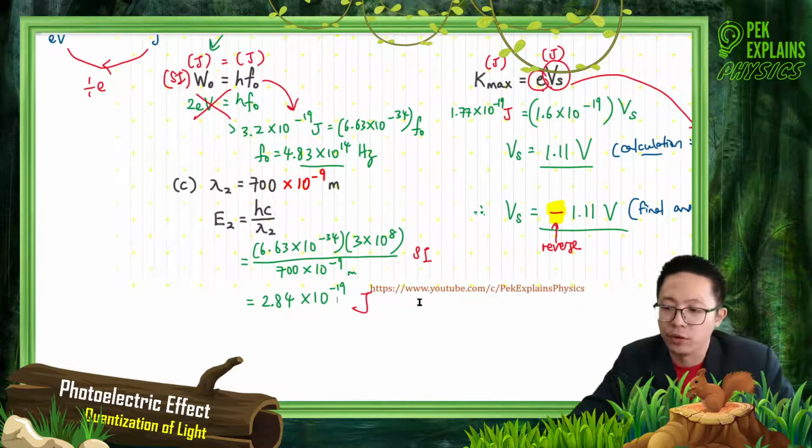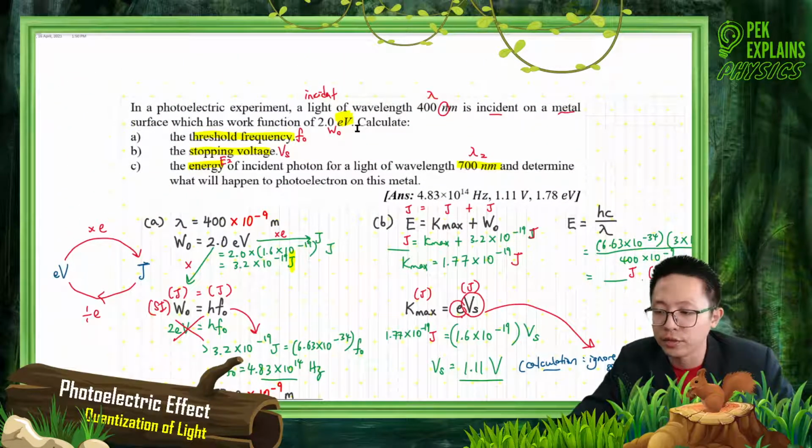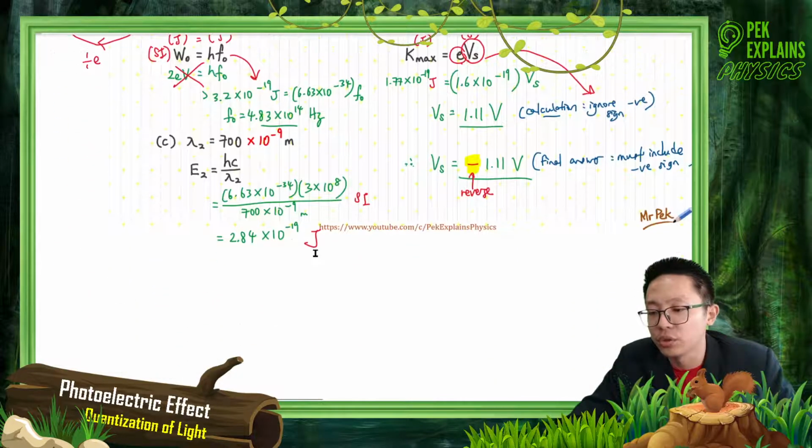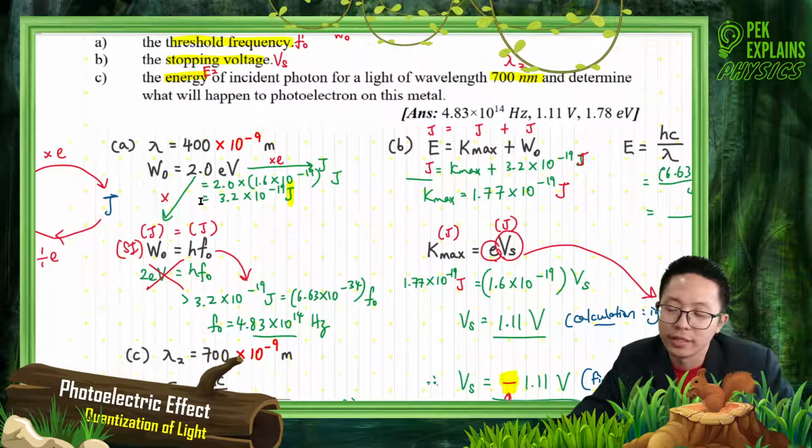If you compare with the work function, what is the work function? 2 electron volt. So I need to change my joule to electron volt. Actually, I also have the work function in joule already, which is 3.2 exponent negative 19.